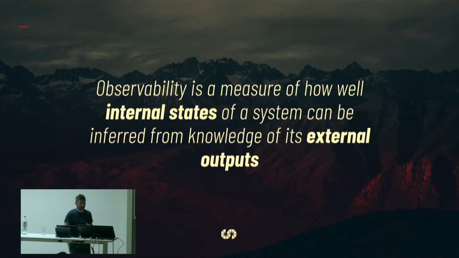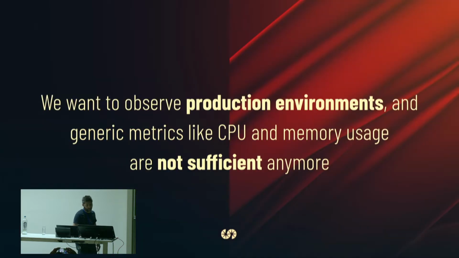Observability is a measure of how well internal states of a system can be inferred just by looking at the external outputs, so without looking into the system. And when we need to observe production environments, we need more metrics other than CPU and memory and so on.